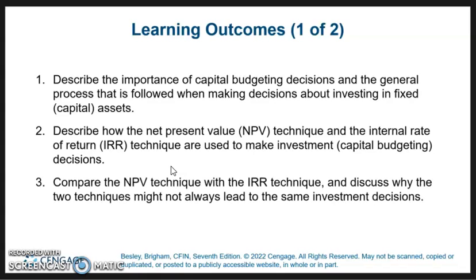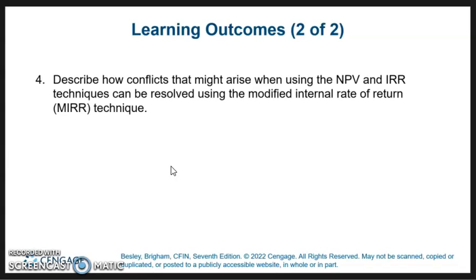We'll compare the two, NPV to IRR, and we'll discuss why they don't always lead to the same answer. We'll talk about the conflicts that arise when using NPV and IRR and how they can be resolved using modified internal rate of return, or MIRR.